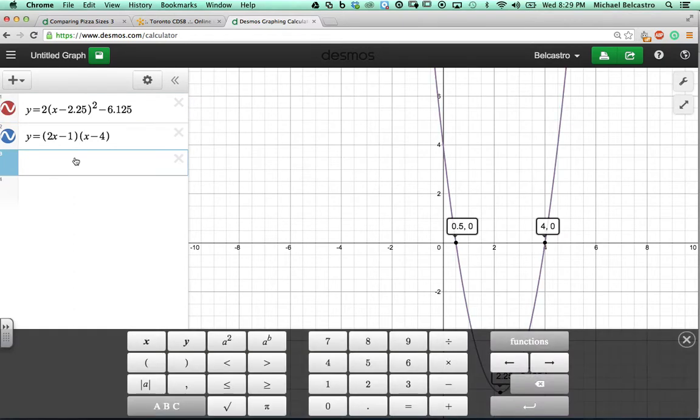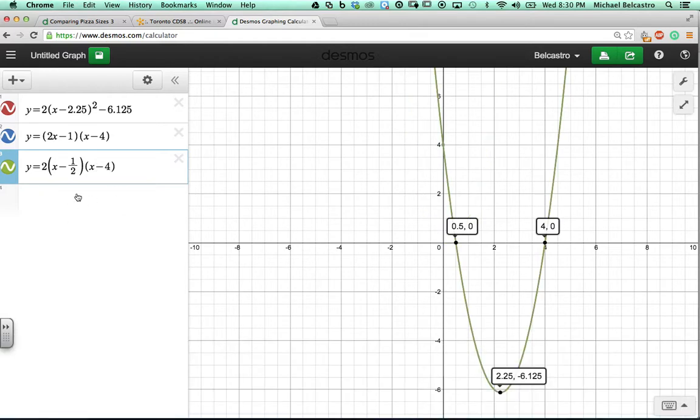And even if I write our factored form with our new way of our 2 outside the brackets, we have x minus 1 over 2, okay, and then x minus 4, and look at that. It's just another way to write it. As I turn them off, they're all the exact same thing, okay?